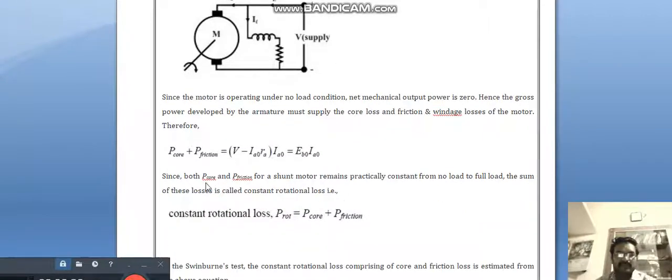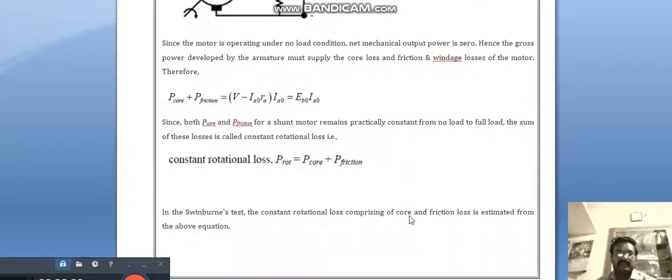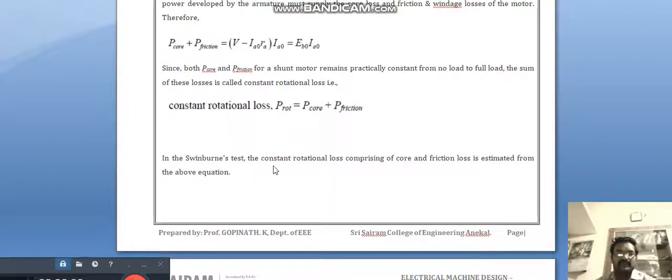Since both P core and P friction for a shunt motor remain practically constant from no load to full load, the sum of these losses is called the constant rotational loss. That is, constant rotational loss P rotational is equal to P core plus P friction. In the Swinburne test, the constant rotational loss comprising core and friction losses is estimated from the above equation.